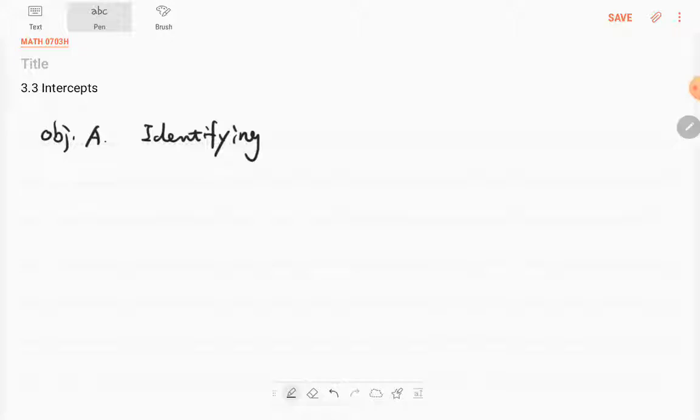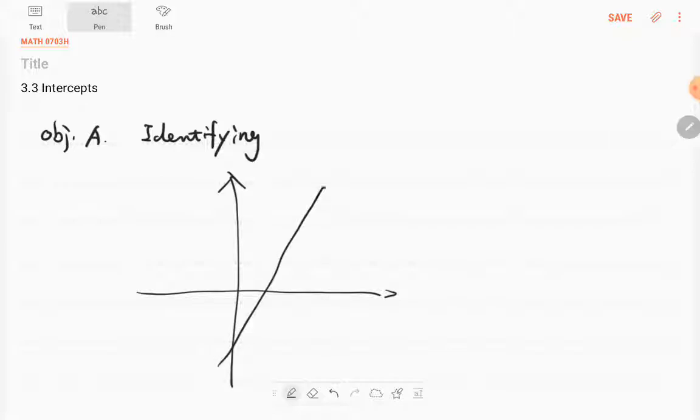The first objective is how to identify intercepts. First, let's check a graph. If we have a straight line, let's say the straight line y equals 4x minus 8, we can find that we have two special points.